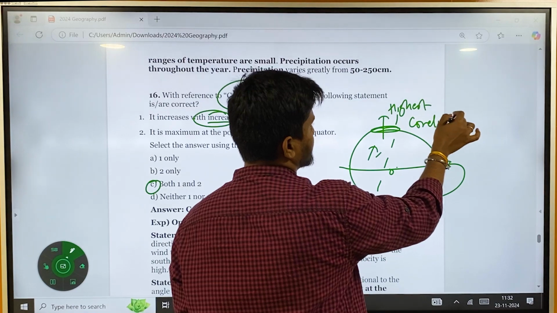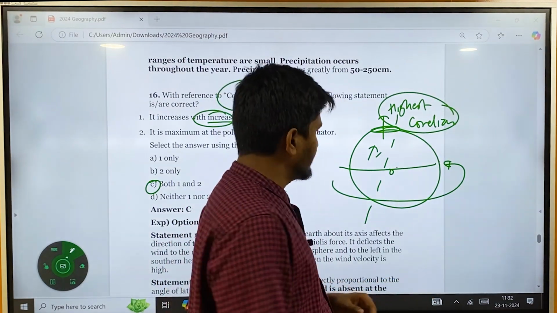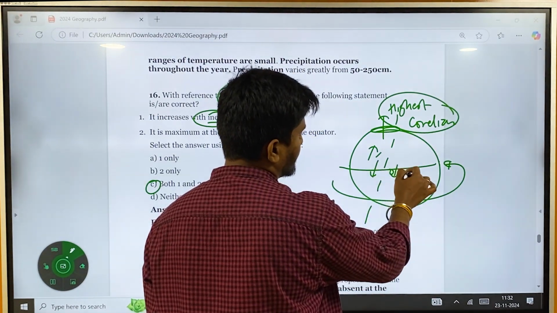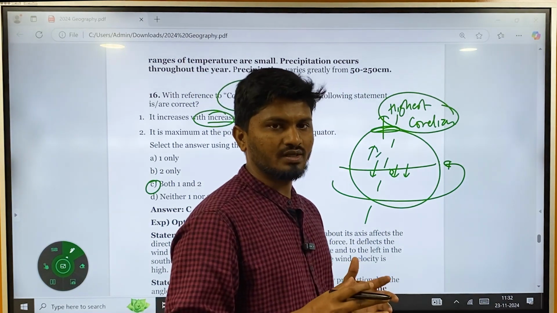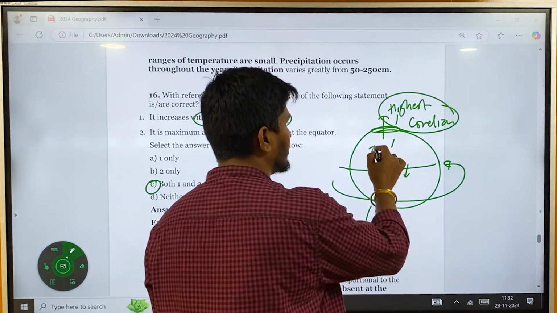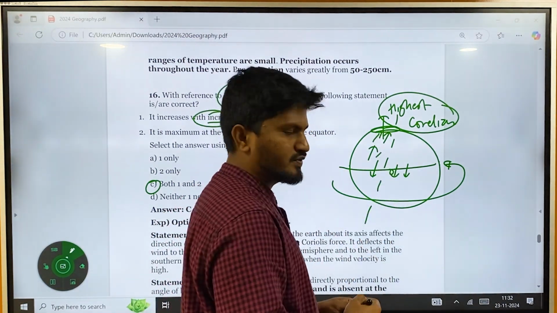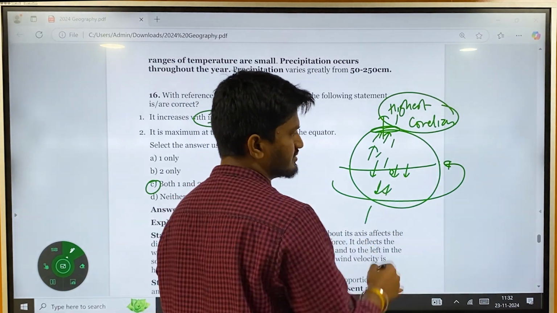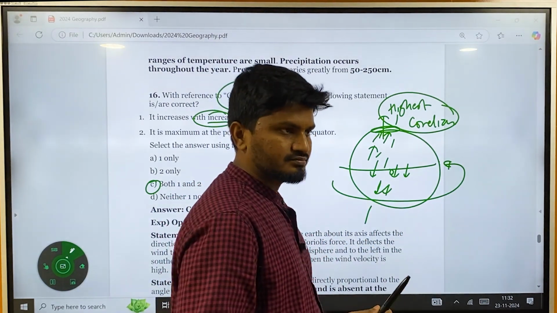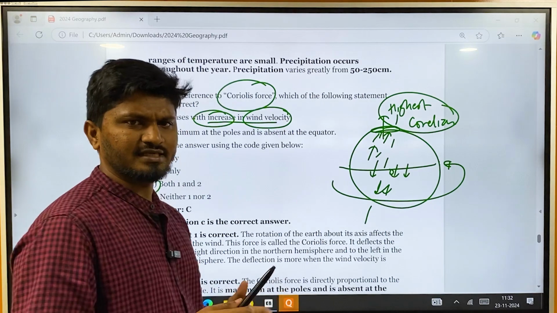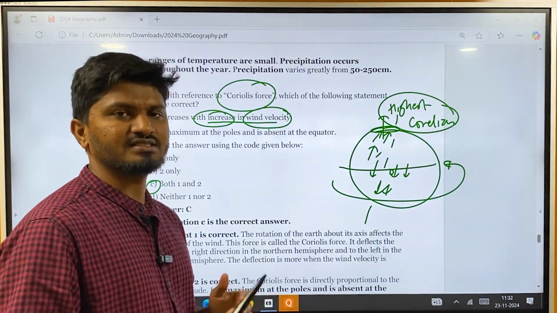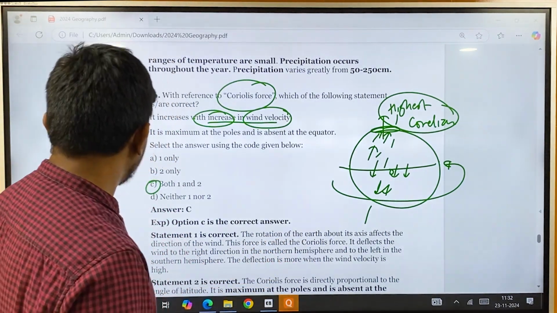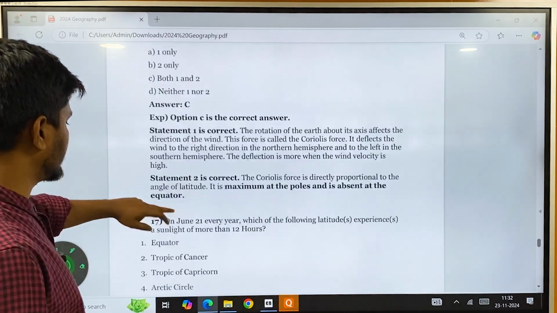That is why the winds moving at the equator are slower, of less velocity, compared to the winds moving at the poles. That is why they go on being called the roaring 40s, roaring 50s, etc. The names keep changing with the westerlies, easterlies. So the correct answer here is C, both 1 and 2.